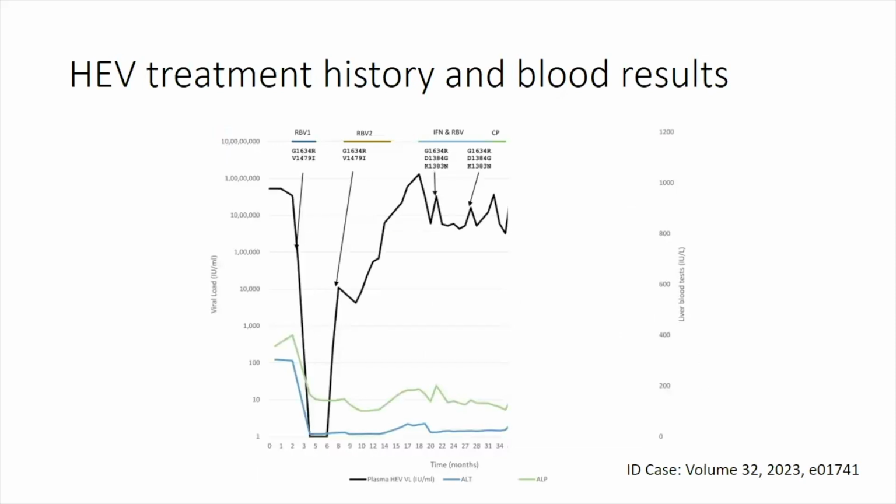Based on some in vitro evidence that hepatitis E can be inhibited with sofosbuvir, the antiviral that we have been using for hepatitis C, the NS5B inhibitor, because they're both single-stranded RNA viruses, their polymerase gene product looks alike, and people showed in vitro that sofosbuvir can actually work on hepatitis E. So we got approval from the ethics committee in the hospital and from the patient.